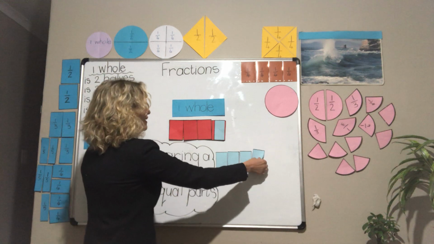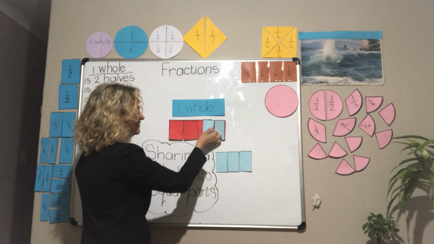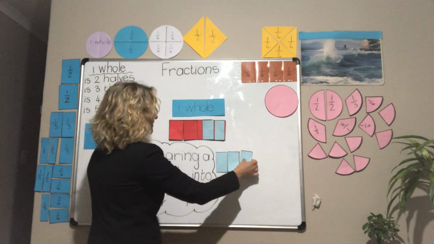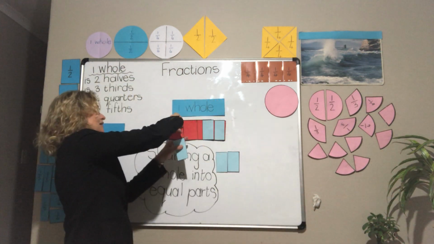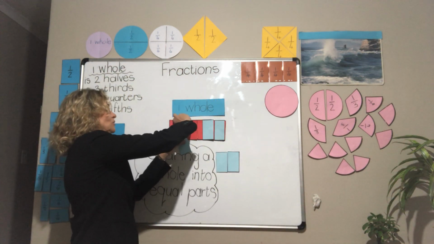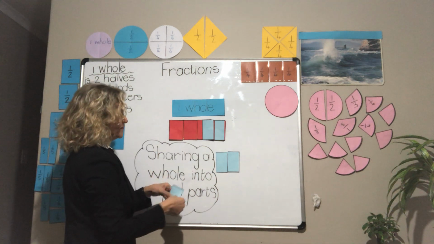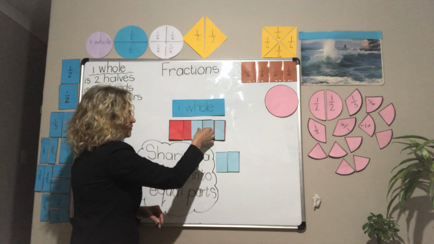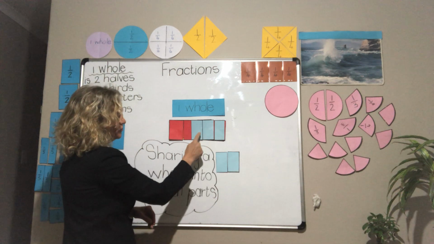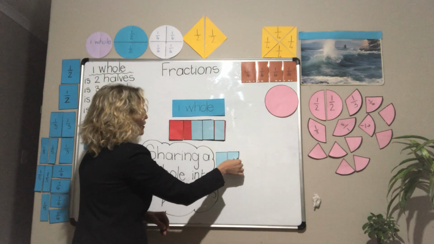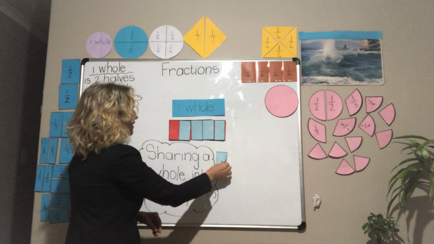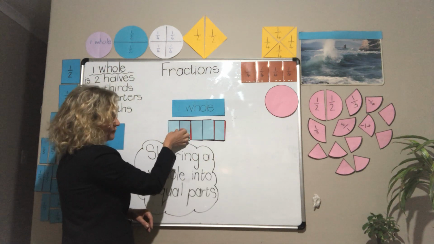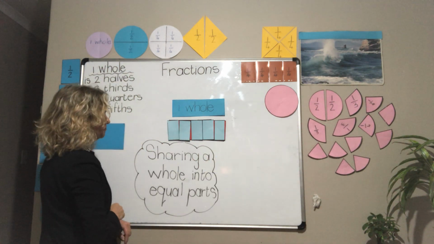Even more so, 1 whole can also be divided into, you got it. What are we doing now? Ones smaller than quarters are fifths. So we've got 1, 2, 3, 4, 5 fifths. There we go.